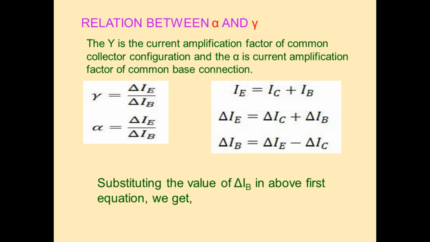And we have IE equal to IB plus IC, delta IE equal to delta IC plus delta IB. Delta IE means a small change in emitter current. So from this expression we can write delta IB equal to delta IE minus delta IC. So substitute this delta IB value in this equation.